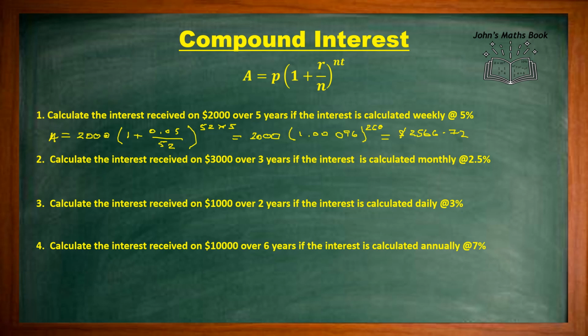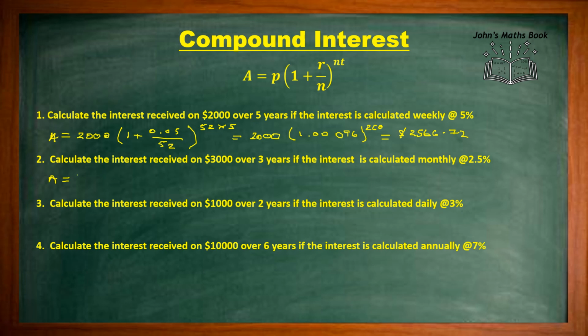For example number 2, calculate the interest received on $3,000 over 3 years if the interest is calculated monthly at 2.5%. So A is what we're looking for.